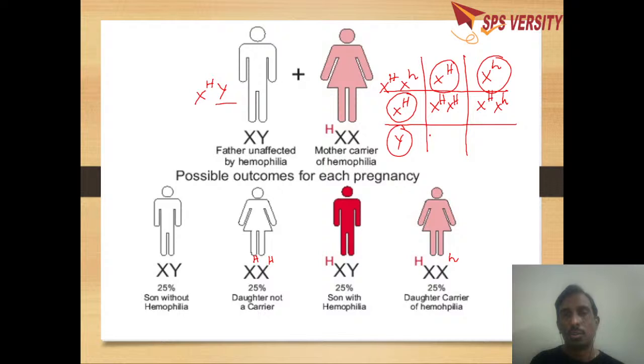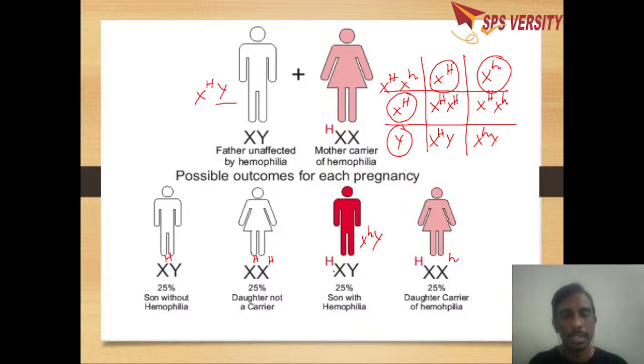Next, normal male, X capital H, Y. Next, hemophilic male, that is X small h, Y.